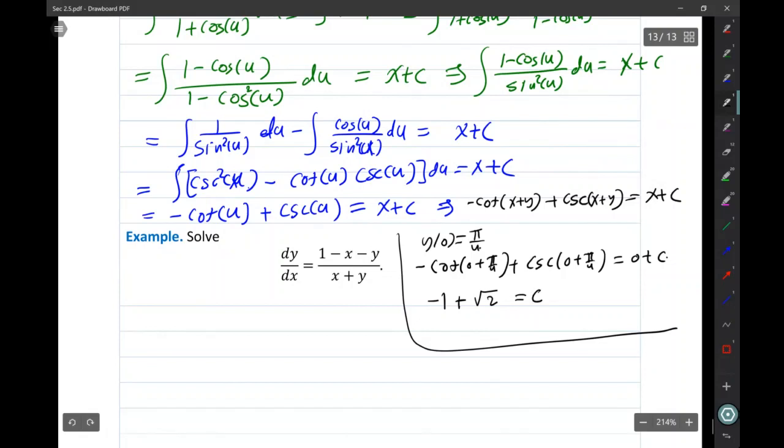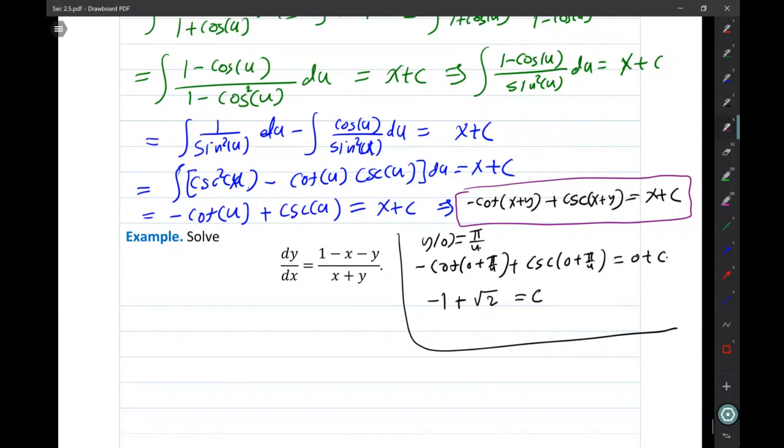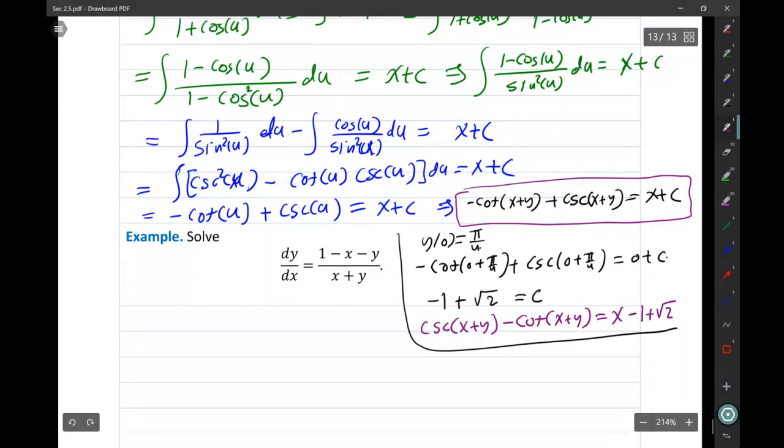Now replace back in this equation. Here is the solution. Replace back c. It becomes cosecant x plus y minus cotan x plus y is equal to x minus 1 plus the square root of 2.